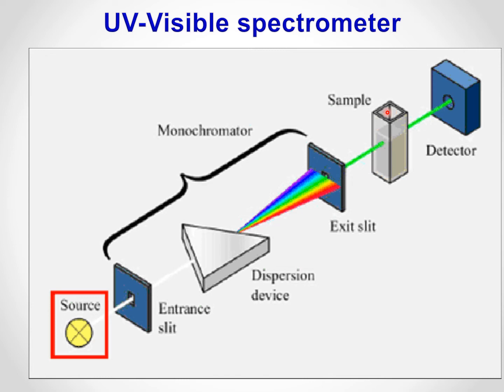The sample is placed in a holder, something like a tube of this shape. It can be made of quartz. Normally when you are using UV radiations, it should be made of quartz. If you are using only visible radiation, you can use glass also, but glass will absorb UV radiation. So quartz is used.